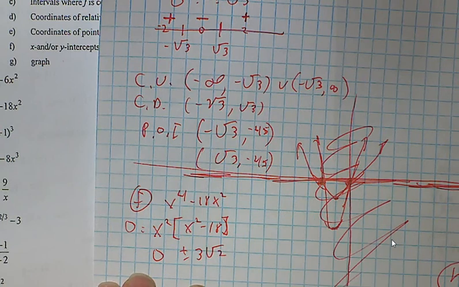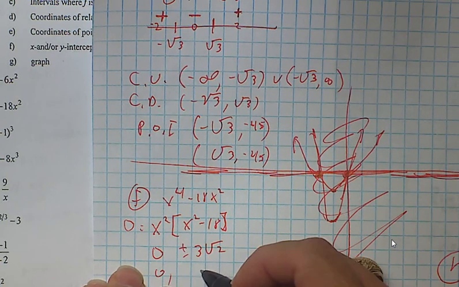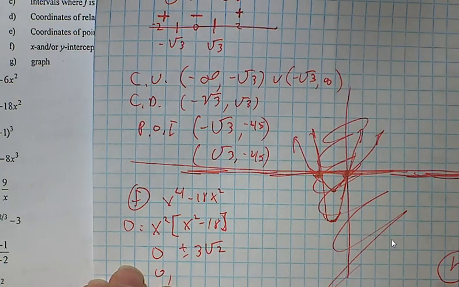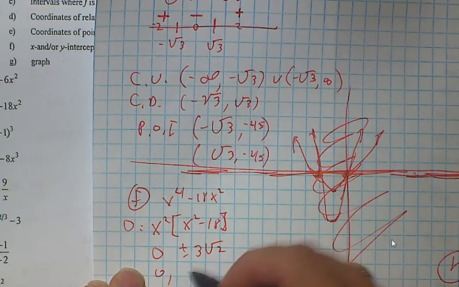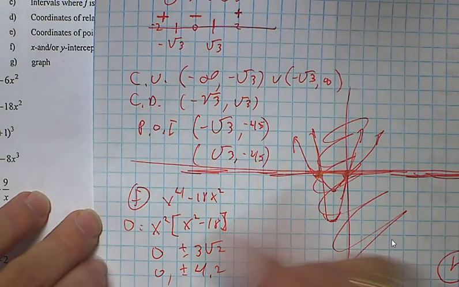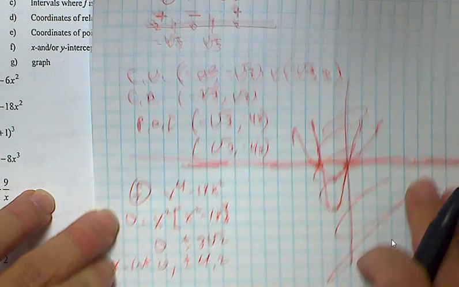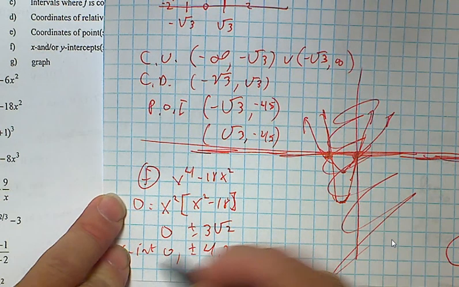Which if we're going to graph is approximately 4.2. Those are your x-intercepts. Your y-intercept is going to be 0, 0.